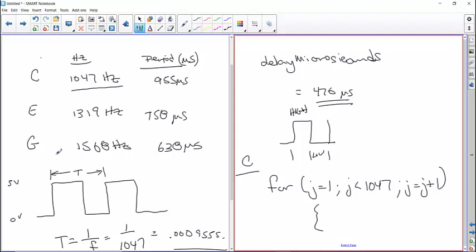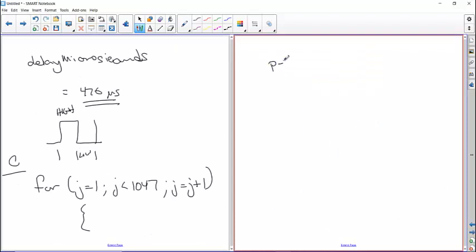And so what I would do is define variables. We want to use variables here. Just to let you know what I did, I defined variables. Period C had to do with the delay here.